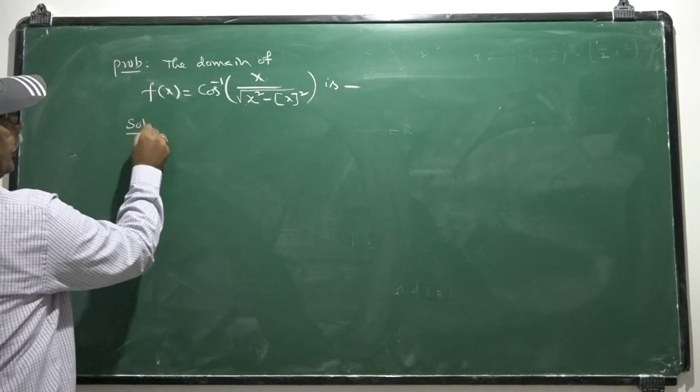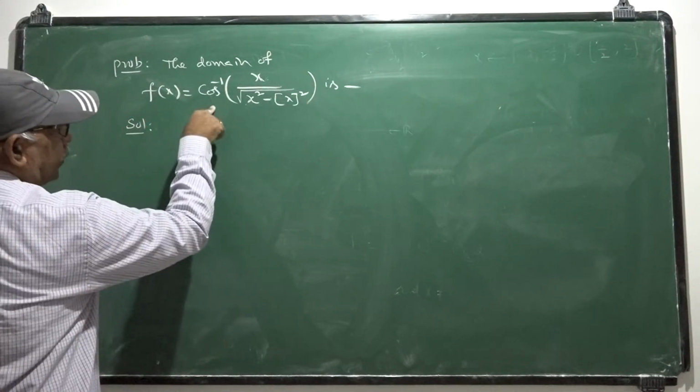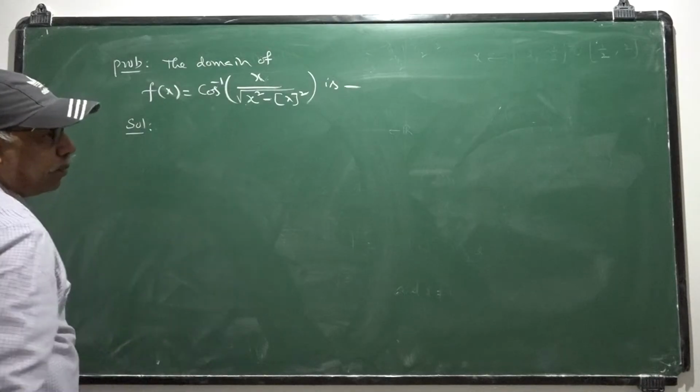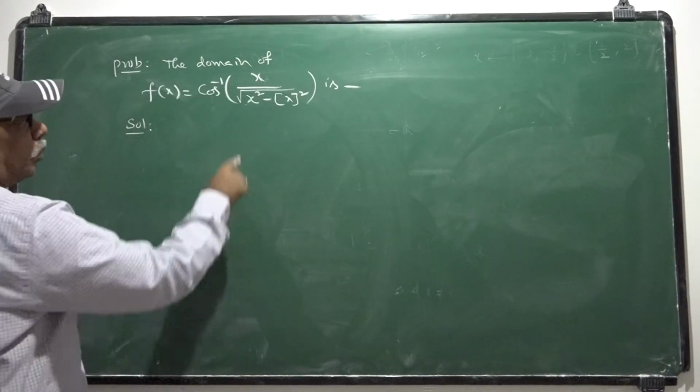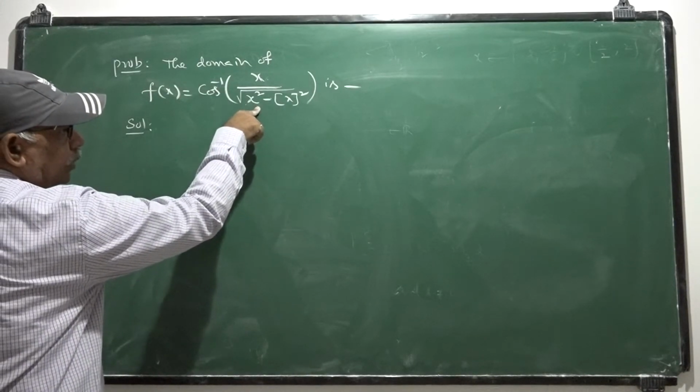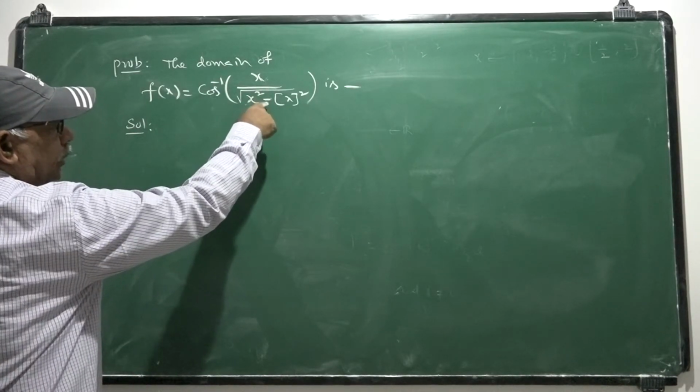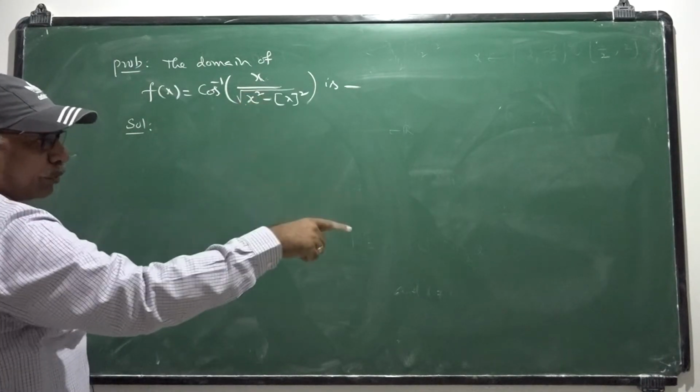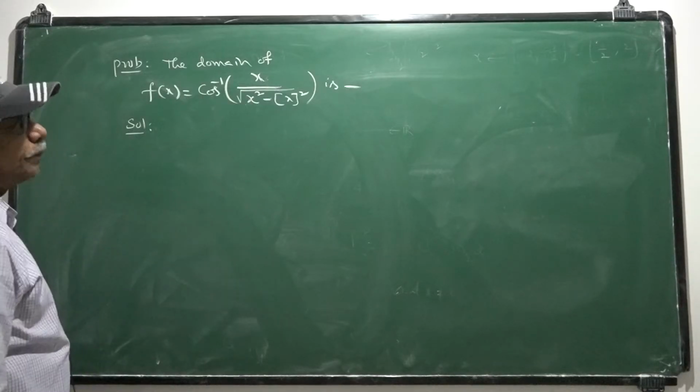To get the domain of the function, the cos inverse function should lie between minus 1 and 1. Moreover, the function inside the root is positive because it is in the denominator.